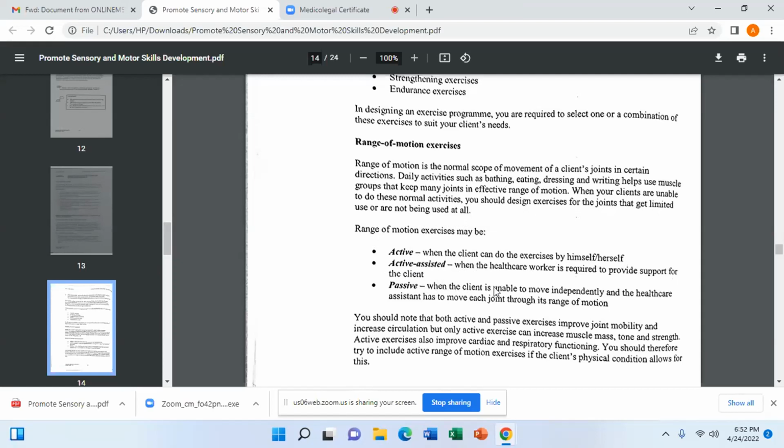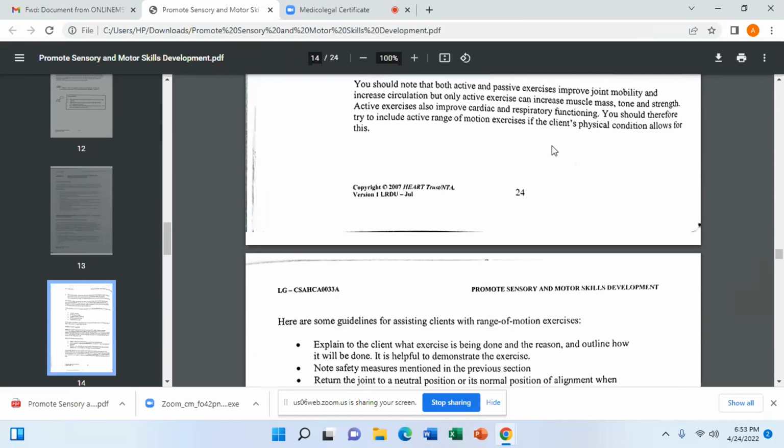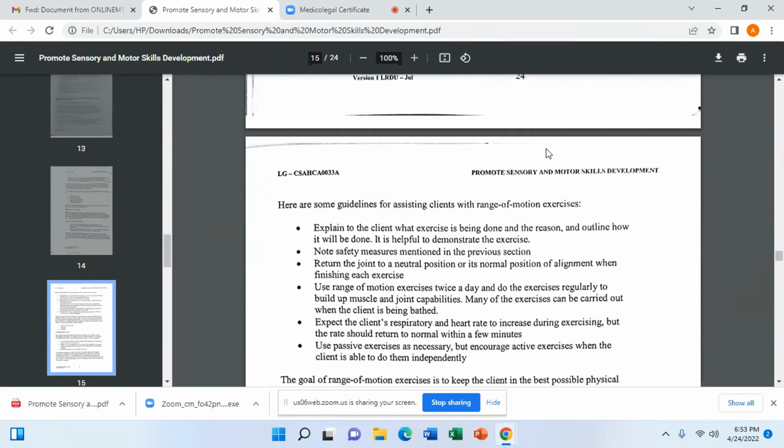And passive is when the client is unable to move at all, and therefore you as a healthcare assistant have to do it for them, right? You should notice that both active and passive exercises improve the joints, whether it be you doing it or they doing it or you assisting them to do it, it helps. And active exercises also improve your cardiac and respiratory function, okay?